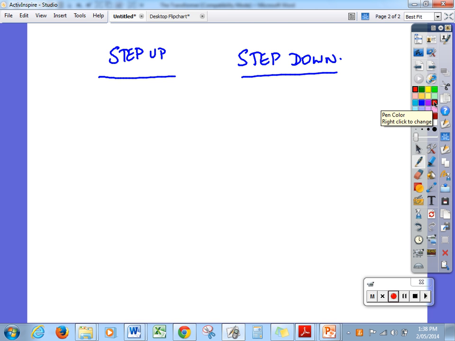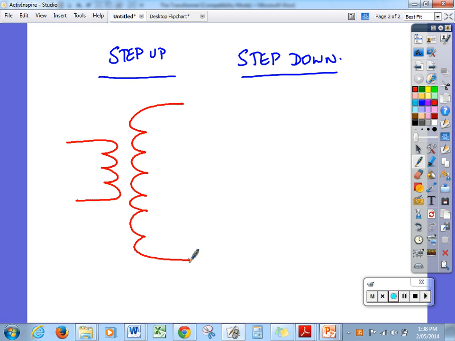A step up, the symbol is looking like this. It's a coil. Okay, so the symbol for a step up, that's it there.